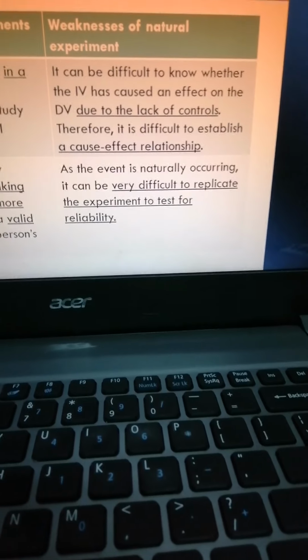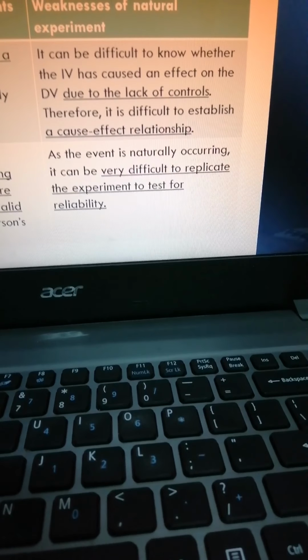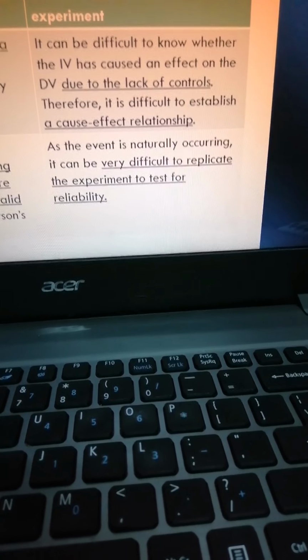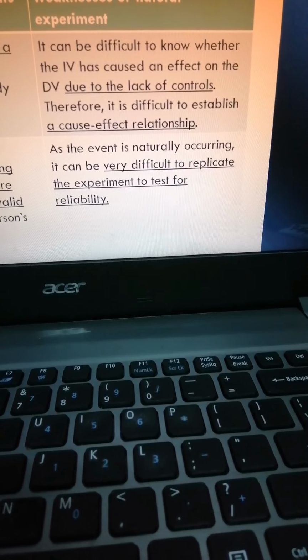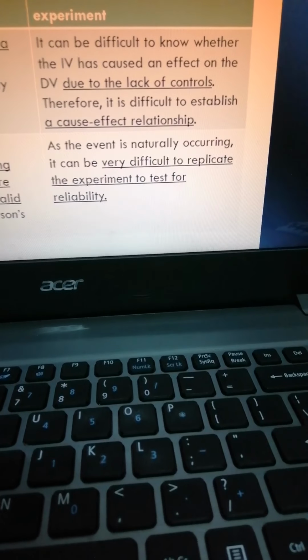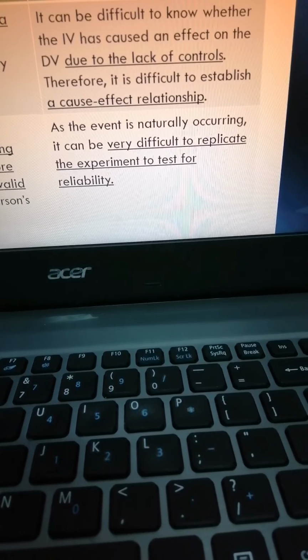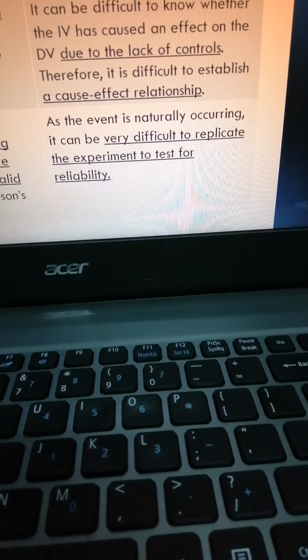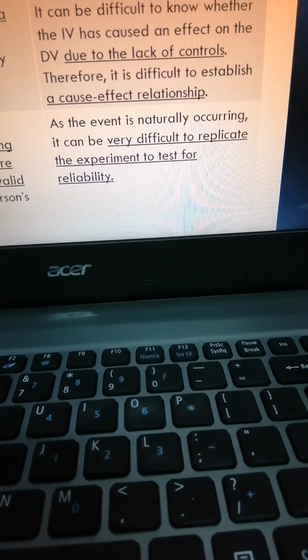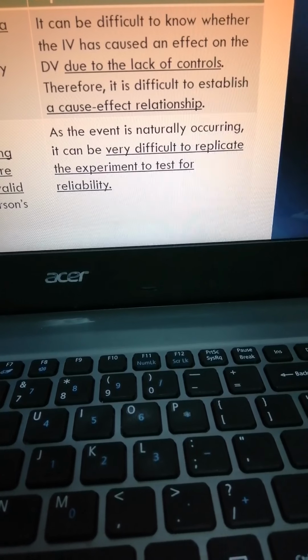And the other weakness, the last one: as the event is naturally occurring, it can be very difficult to replicate the experiment to test for reliability. So what is reliability? Reliability is referring to how consistent a finding or a study is.